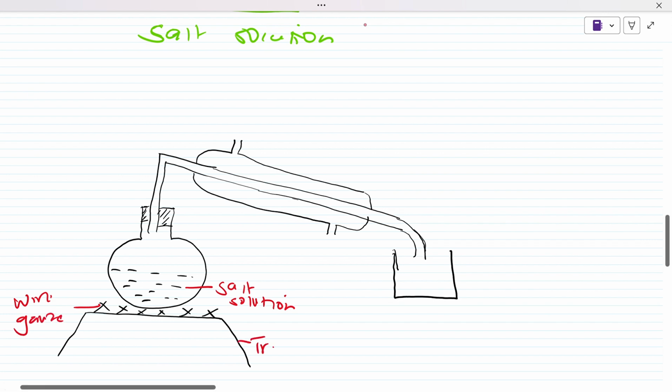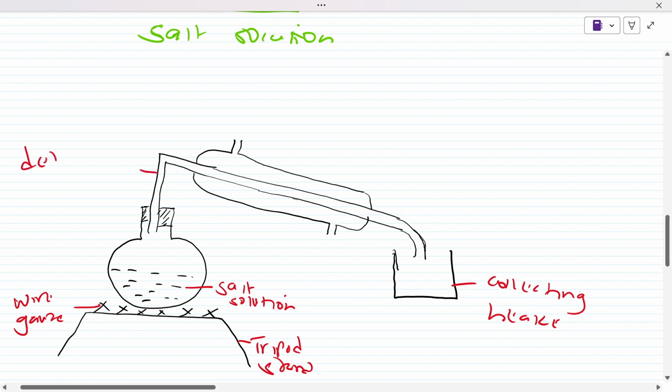Then this is my tripod stand. This is the collecting beaker, just a beaker. Then this is just my delivery tube. Then this is a condenser.